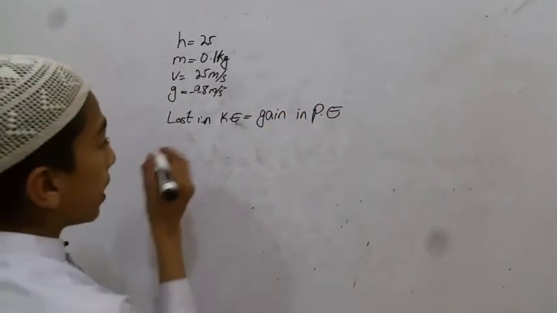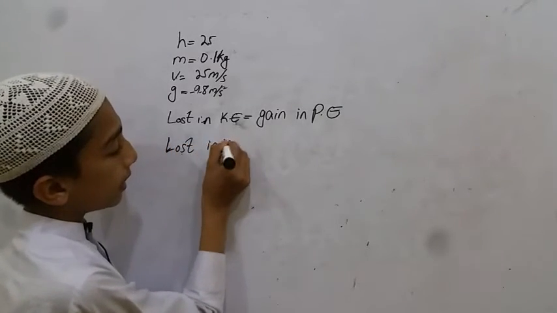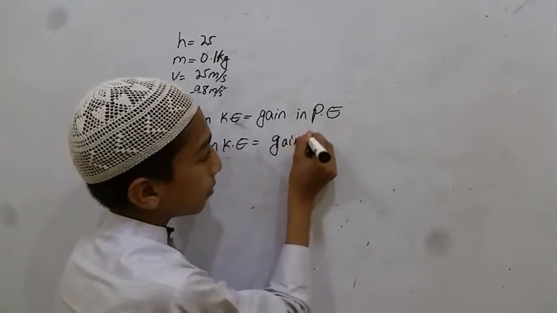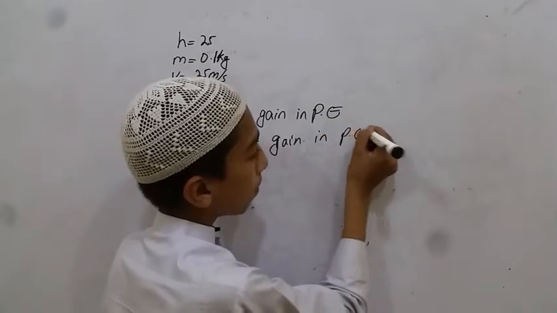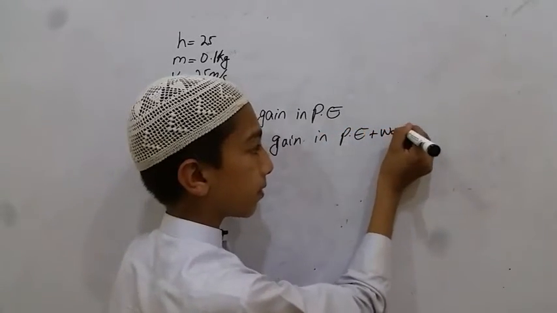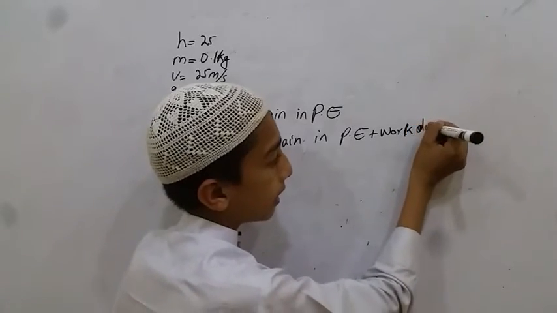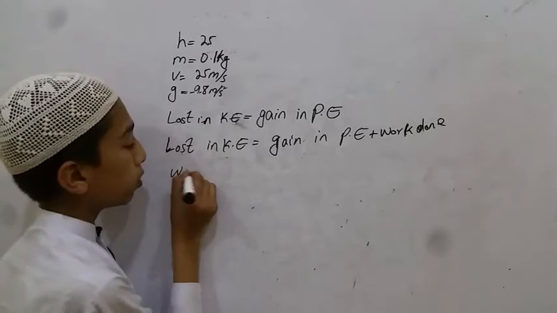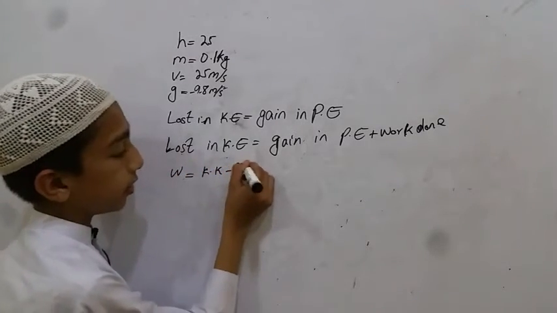But if there is air resistance, then loss in kinetic energy is equal to gain in potential energy plus work done against air resistance. So from this equation, work done is equal to kinetic energy minus potential energy.